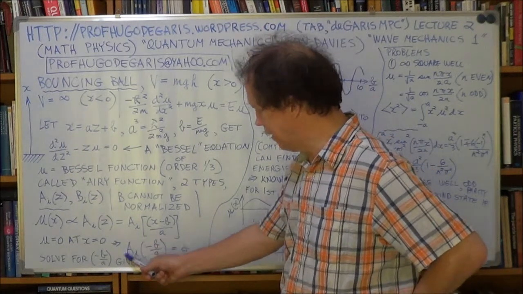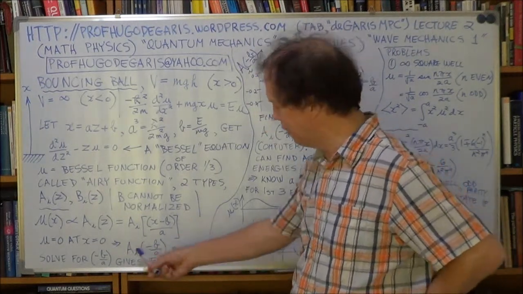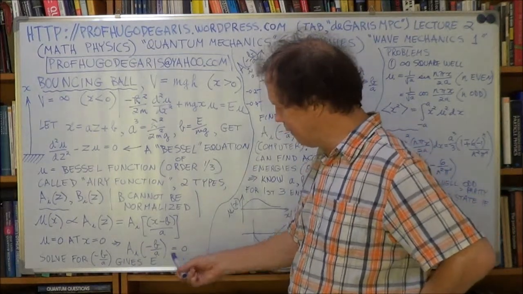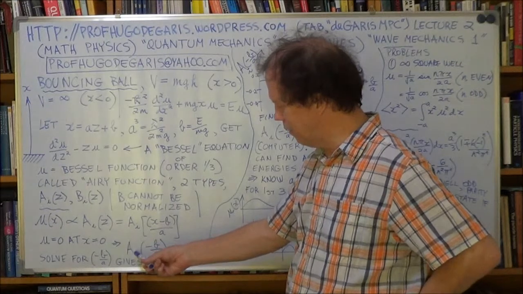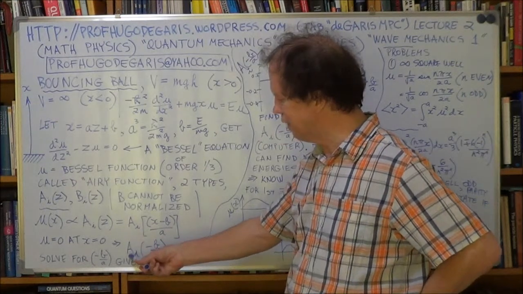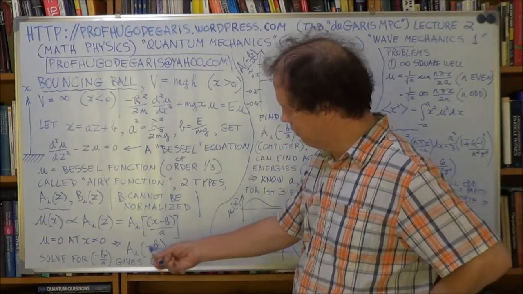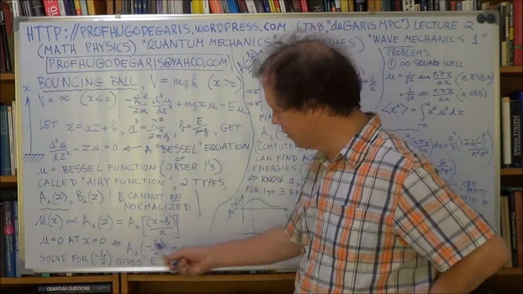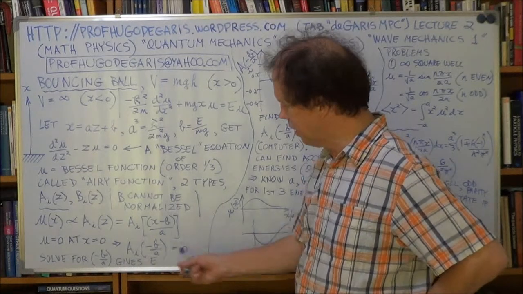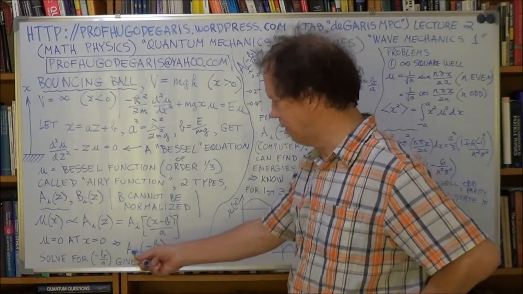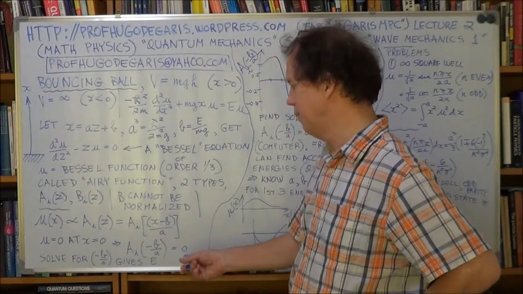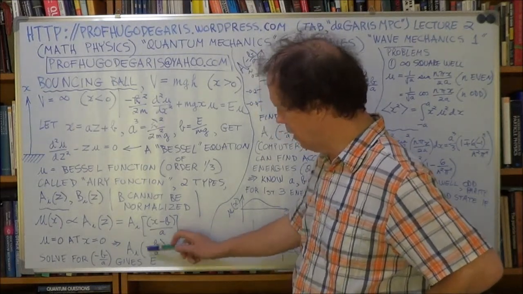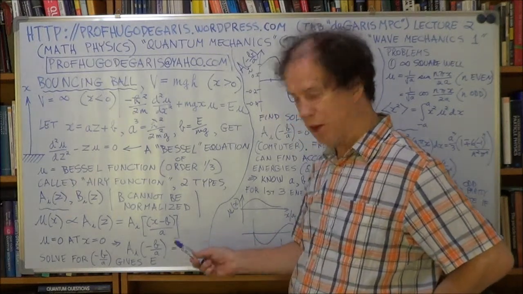Now there's an actual formula for this Airy function. It's quite complicated, but if you put minus b over a into that variable and solve the equation so that the A form equals 0, that will give you values for minus b over a.